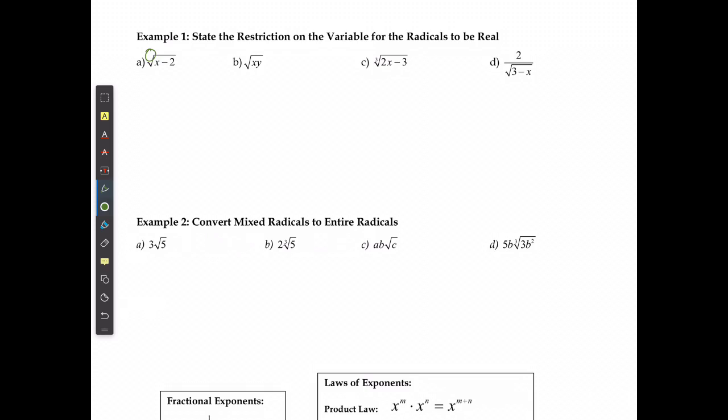Which means that I'm going to start by saying what's inside the radical, put that in brackets, has to be greater than or equal to 0, because it can't be negative. Then we use our inequalities abilities from our last unit to just say, well, x would have to be greater than or equal to 2, which means as long as x is 2 or bigger, this is going to work. There's our restriction.